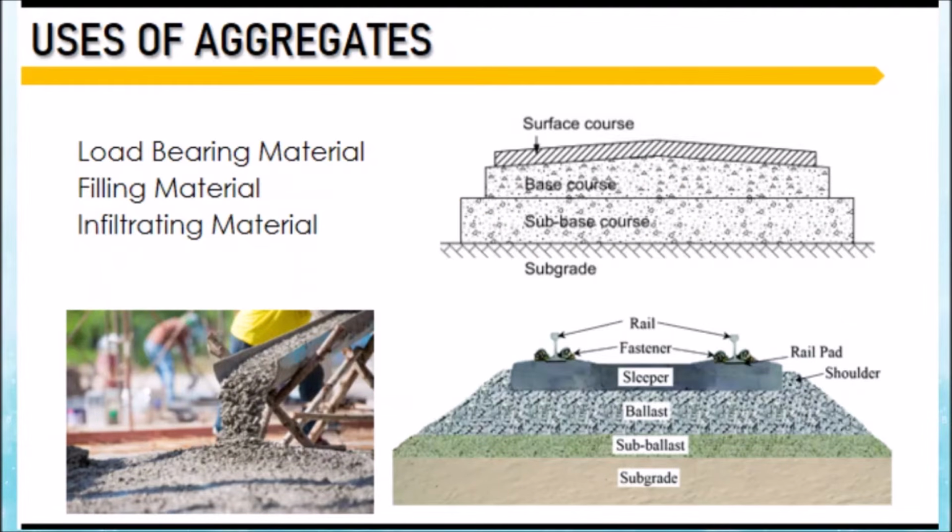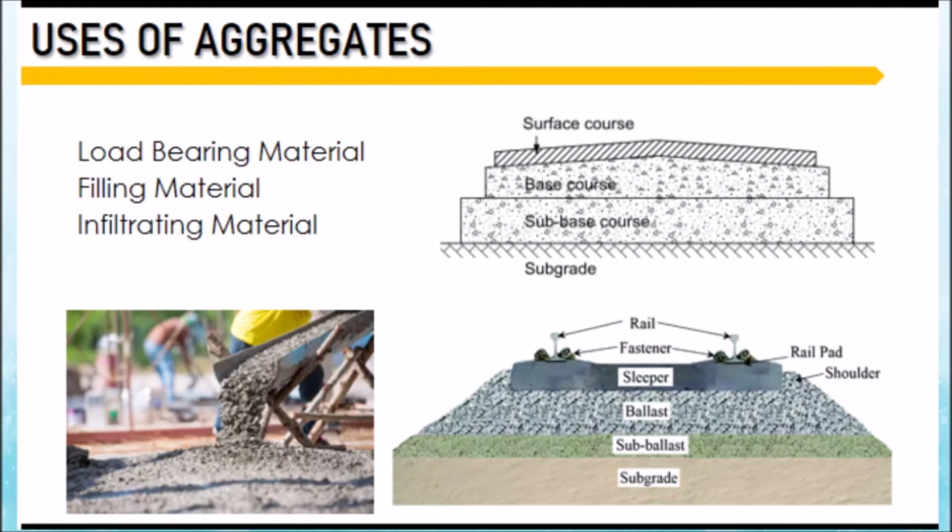Now, where do we commonly use the aggregates? In general, aggregates can be used in a number of ways in construction. In roads, aggregates are components of sub-base course and base course. In railway, it is used as railway ballast.